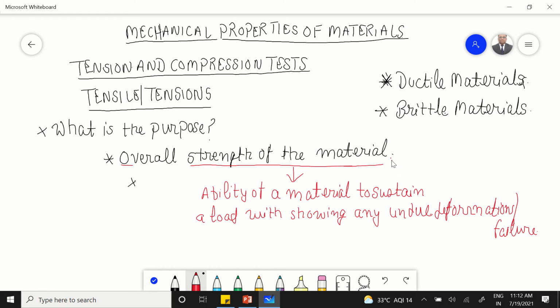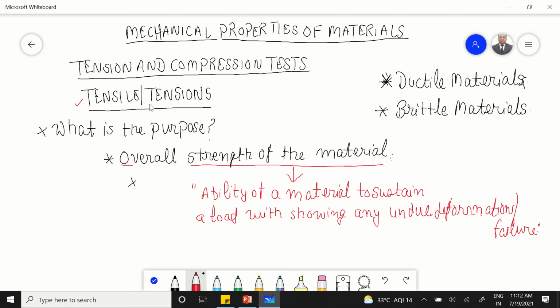Later on we will see how this overall strength of a material can be used to find out the various mechanical properties of these ductile materials. Now normally what we find out from this tensile test is a conventional stress strain relationship for many engineering materials like metals, ceramics, polymers and composite materials, right?